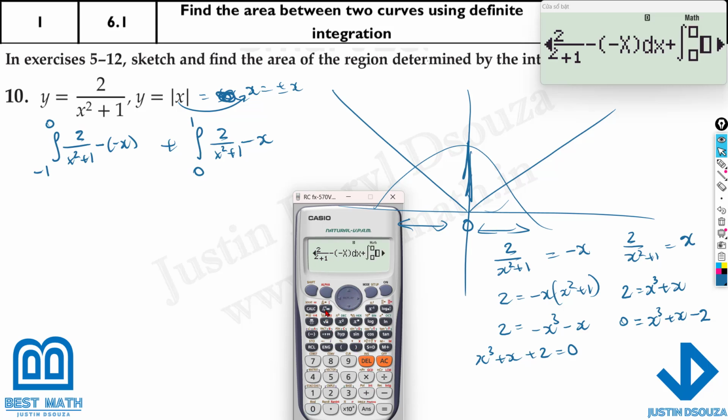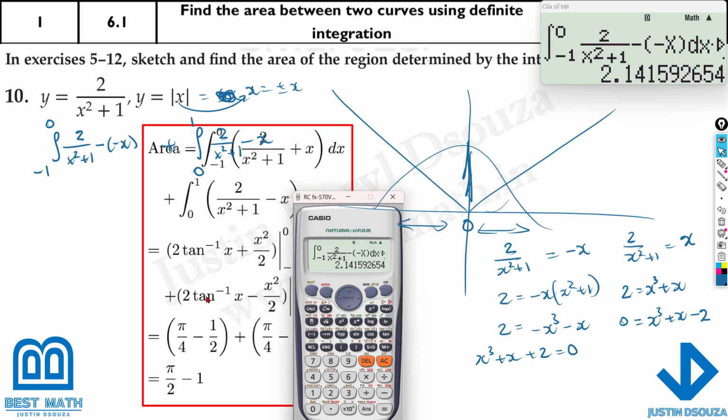Plus, again, integral of 2 divided by x squared plus 1 minus x only, and it is from 0 to 1. The answer is 2.1415, and you can see it. Just write it down, I'm going to keep it in my mind, but you can write it down.